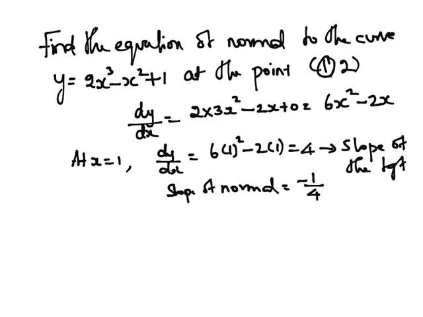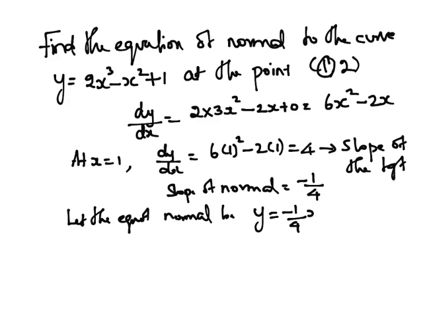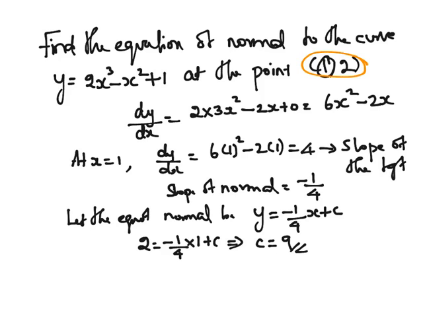So let me find the equation of the normal now. Let the equation of the normal be y equal to mx plus c, y equal to -1 by 4 x plus c. How do we find c? Very simple. Use the values 1 and 2. When y is 2, x is 1. So I get 2 equal to -1 by 4 times 1 plus c, which gives me c equal to 9 upon 4.